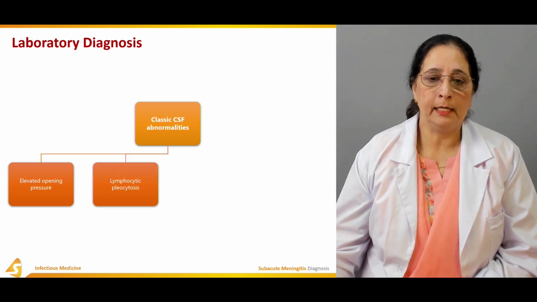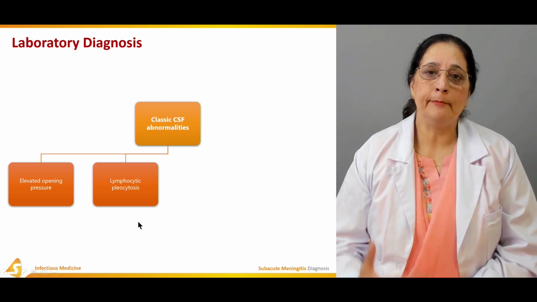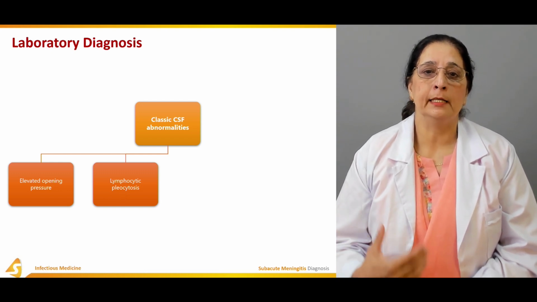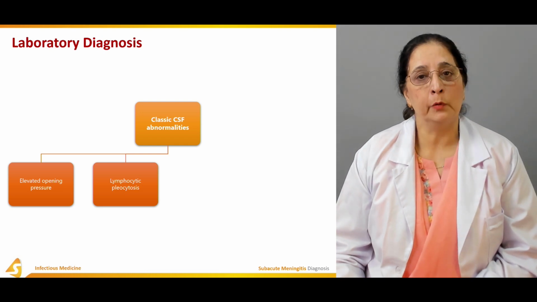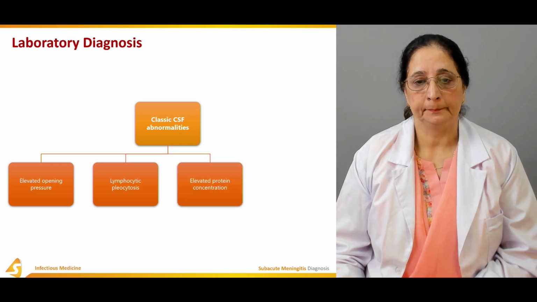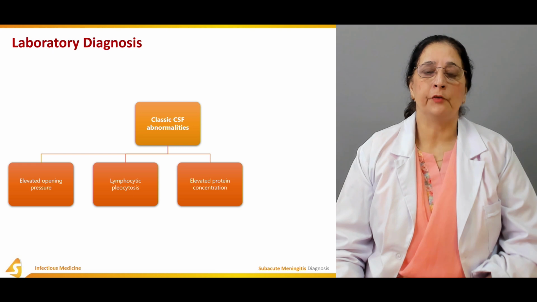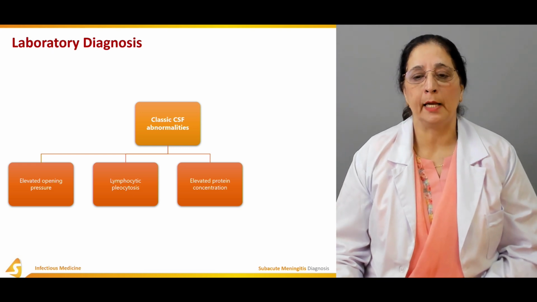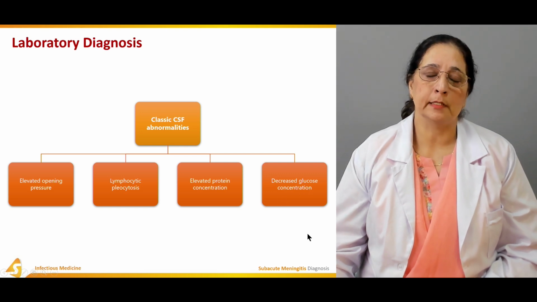Then we have lymphocytic pleocytosis. Increased lymphocytes are present in the cerebrospinal fluid tests. Then there is also elevated protein concentration in the cerebrospinal fluid, and there is decreased glucose concentration.